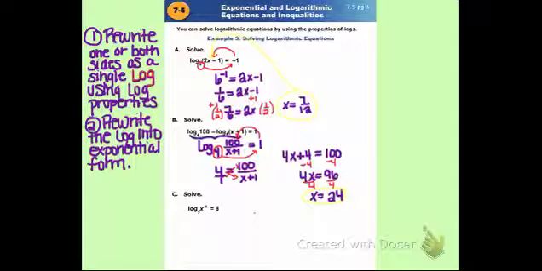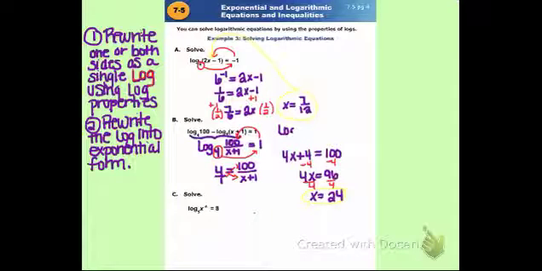And now, it's not a bad idea to check these. I mean, you can go ahead and substitute it back in, although they're not as easy to check as the exponential ones were to check, especially if we're not in base 10. So it might not be very easy to check. You just kind of have to play it by ear depending on the problem. If I substituted this back in, it would look like this.